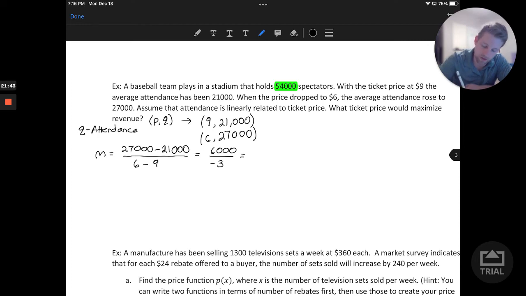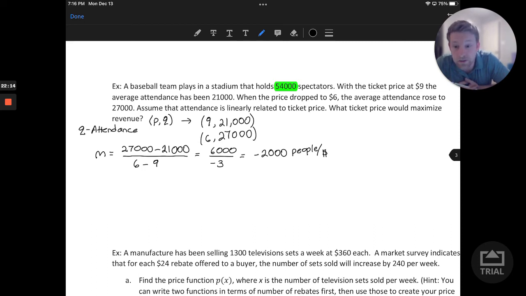So that slope ends up being negative 2,000. For every dollar that we increase our price, the attendance decreases by 2,000 people per dollar. So for every dollar increase in the price of the ticket, 2,000 fewer people will attend.